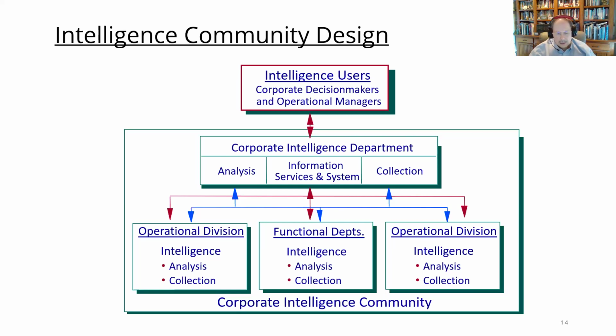You can see they list 3 others below them, which are divisional level groups that also have their own separate functions that they can control, and they will work in the service of functional departments, operational divisions of one type or another. This is actually a structure that supports an intelligence culture in the company.